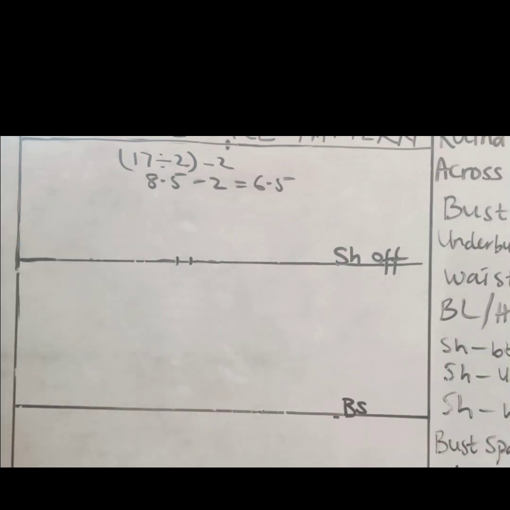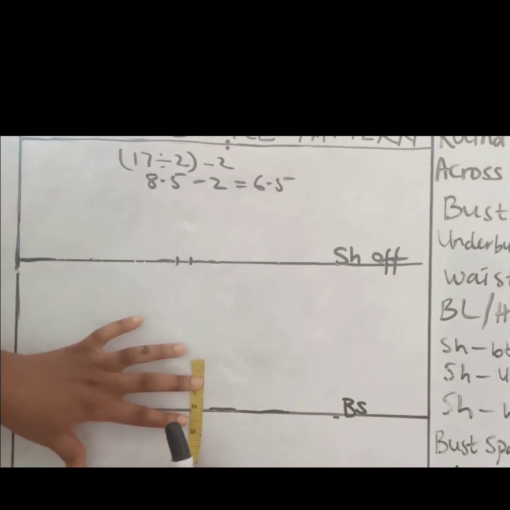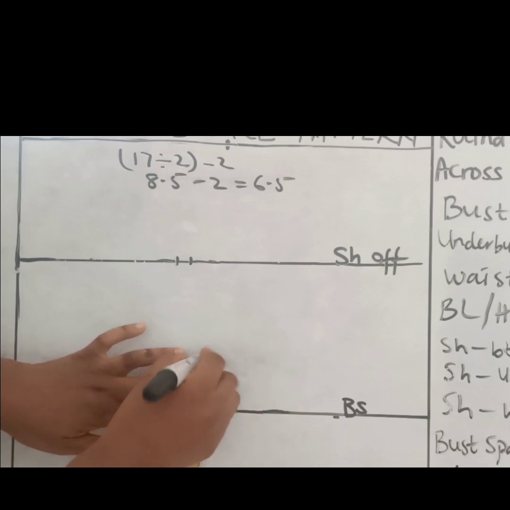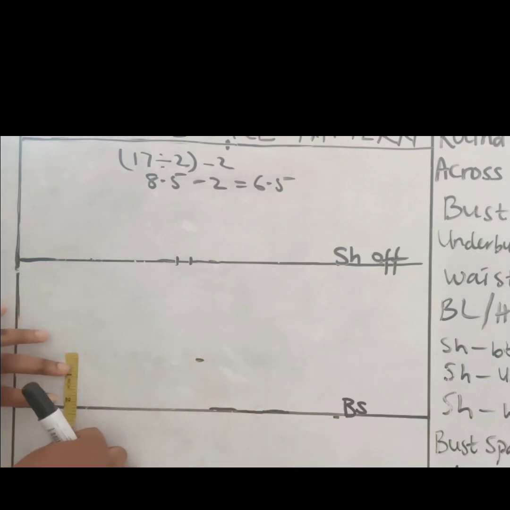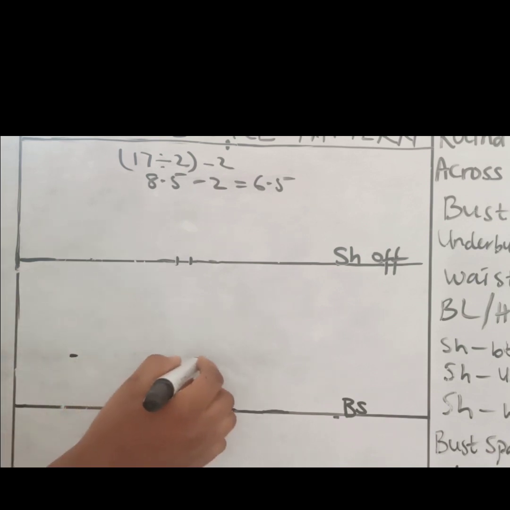Okay, and then this is our bust line. Shoulder to bust is 11. This is our bust line. To get the chest line, from this bust line, we would go up by 2 inches. So from the chest line, you go up by 2 inches. So this becomes our chest line.